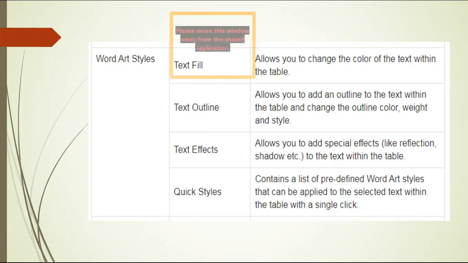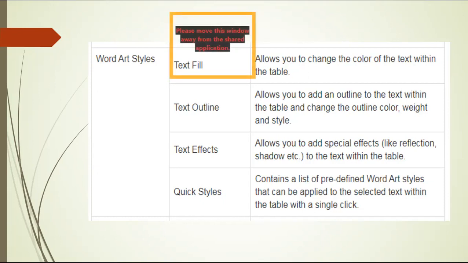Then sa text outline naman, okay, pag sinabi kasi nating outline, yun yung line na nakapaligid sa text. Allows you to add an outline to the text within the table and change the outline color, weight, and style. Yan. And we have also the text effects. Allows you to add specific or spatial effect like reflection, shadow, etc. to the text within the table.